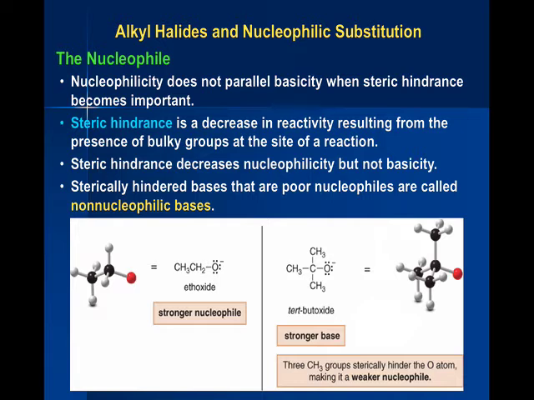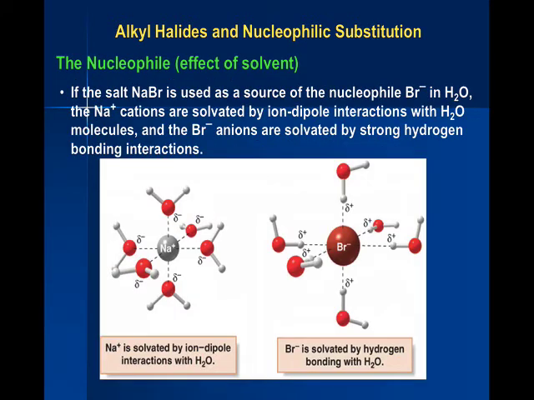Nucleophiles matter, especially in SN2 reactions. So if I gave you this reaction and asked you to predict which one was fastest, you need to be able to do that. You would predict this is the faster one of the two, given what we know about steric hindrance.